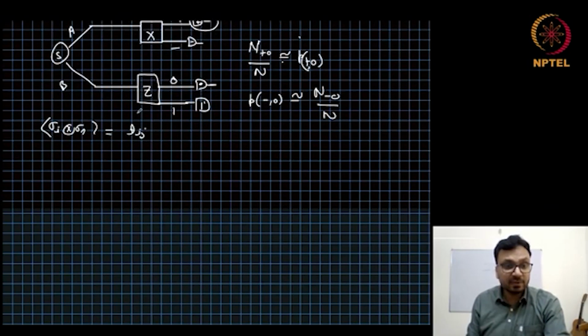But this is sigma i tensor sigma j. What about sigma i tensor identity?